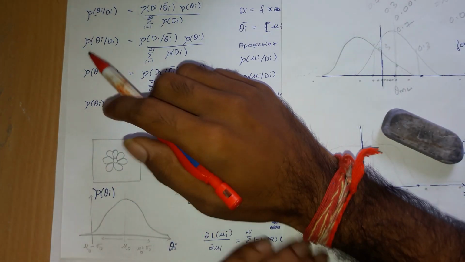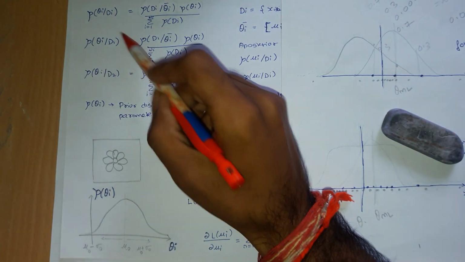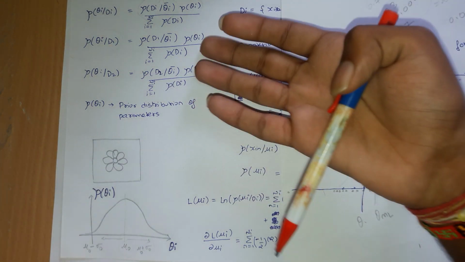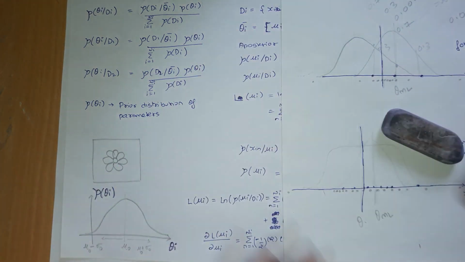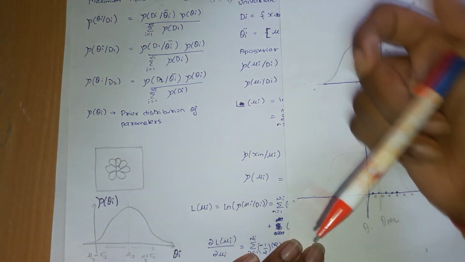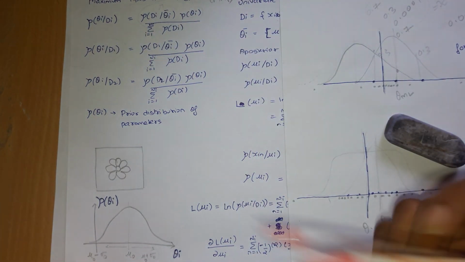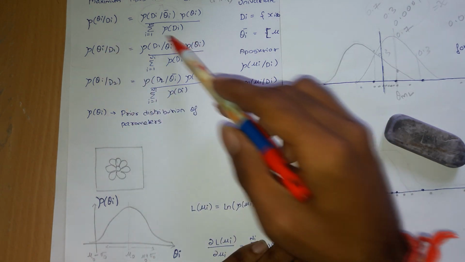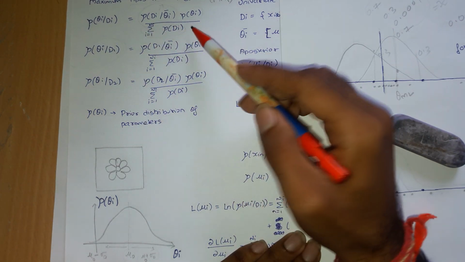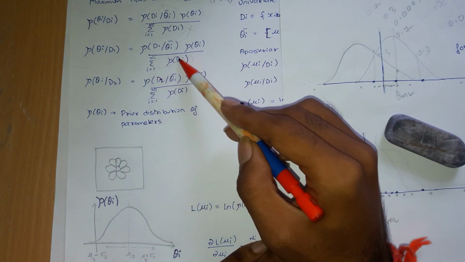So we are using the Bayes rule over here to calculate the posterior. You have seen this equation. We have seen it from the start of the lecture, that this is the Bayes rule that we are following. This is again the evidence, which we will ignore.